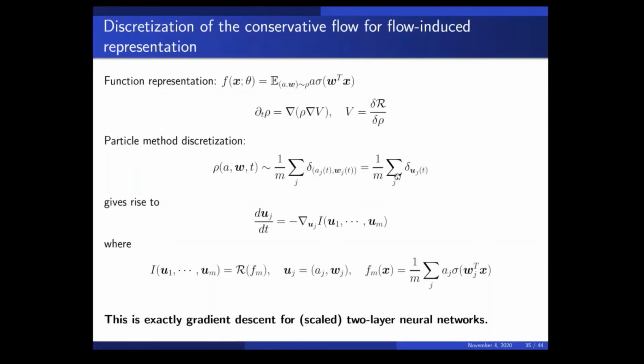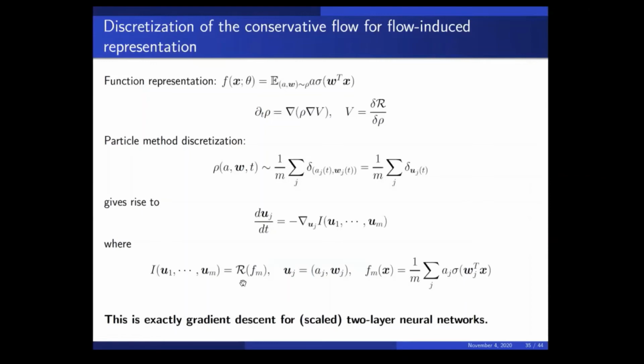You can write this in this way. Now one can prove a little lemma that says the following: if we define the following dynamical system for the particles u_j, where the function I is defined by the population risk, limited to a function m, given the following form.